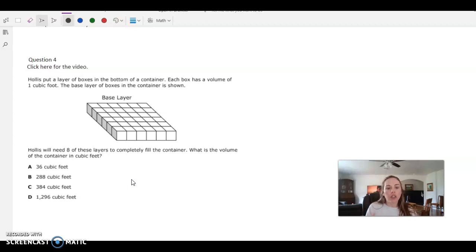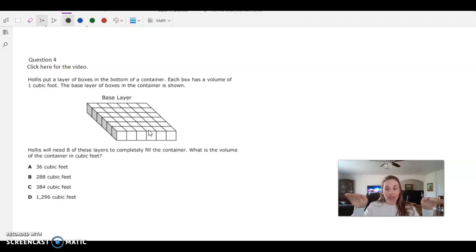So all we need to do is think of all the cubes it will take to fill it up. And the way we do that is we take the number of boxes that are in the base, and then if we have that many boxes on each layer, well, what operation do we use?